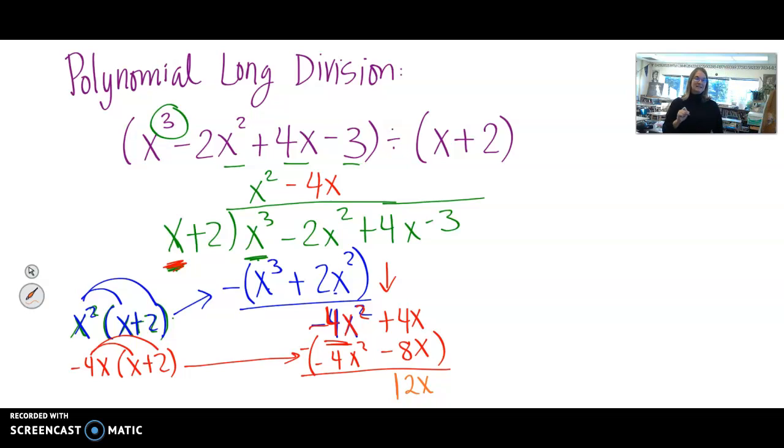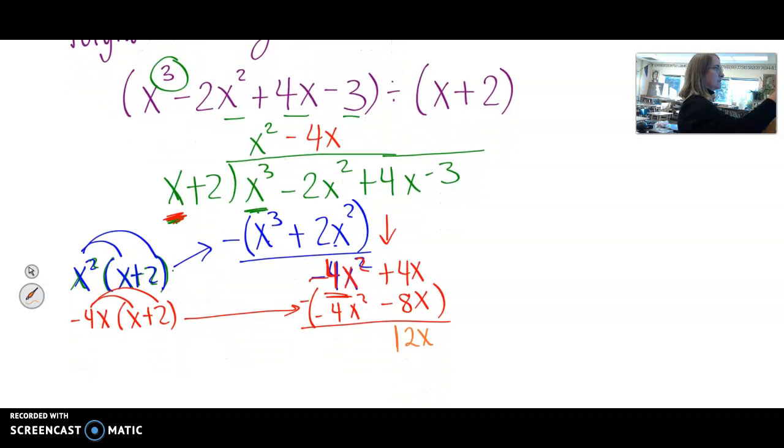Negative 4x squared minus a negative 4x squared means you add 4x squared to negative 4x squared, and that adds to 0. And again, we designed it that way intentionally so that term would cancel out. And now, the next thing is we bring down this minus 3. If you're having any trouble keeping up, please pause as you go and think about what is happening here. And I will do another example in a minute.